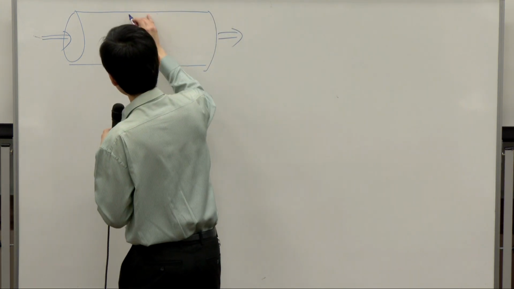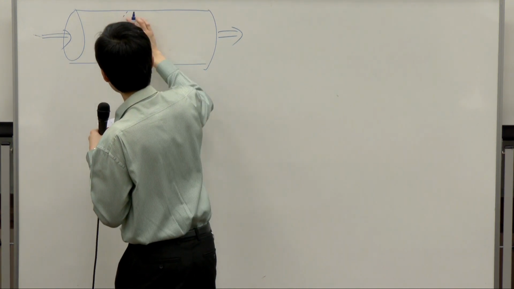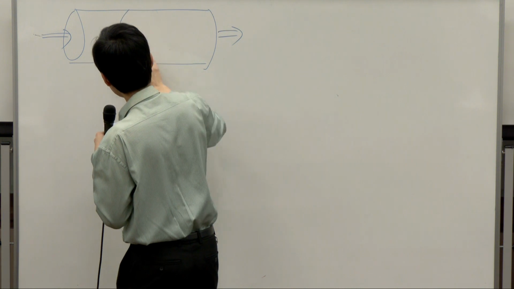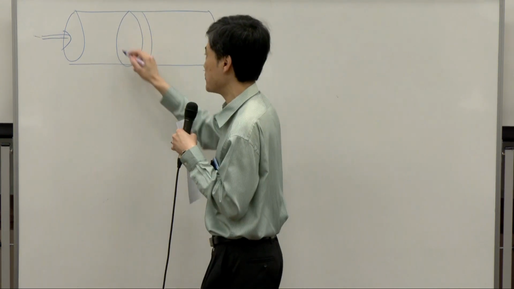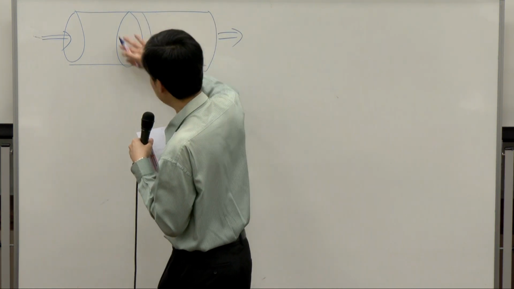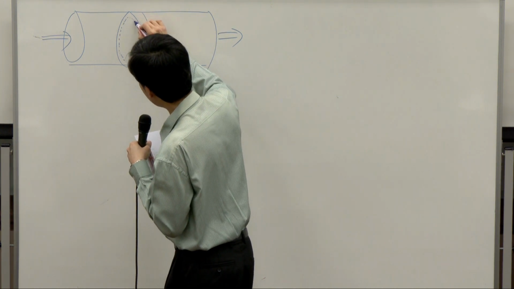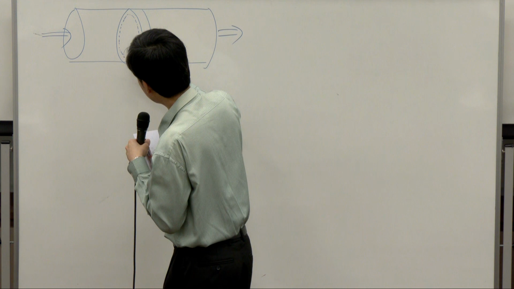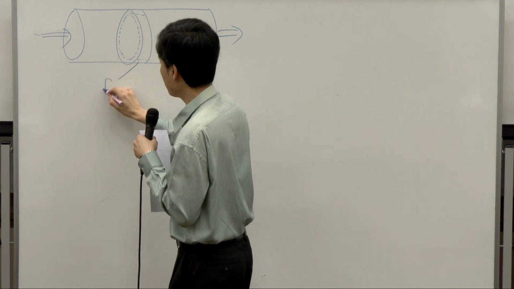So I can assume that once I already find my bulk temperature, everything across the cross-section area is supposed to have temperature near bulk temperature. So let's say this is my slice, and this dotted line represents the foam. Outside here, that would be my foam.